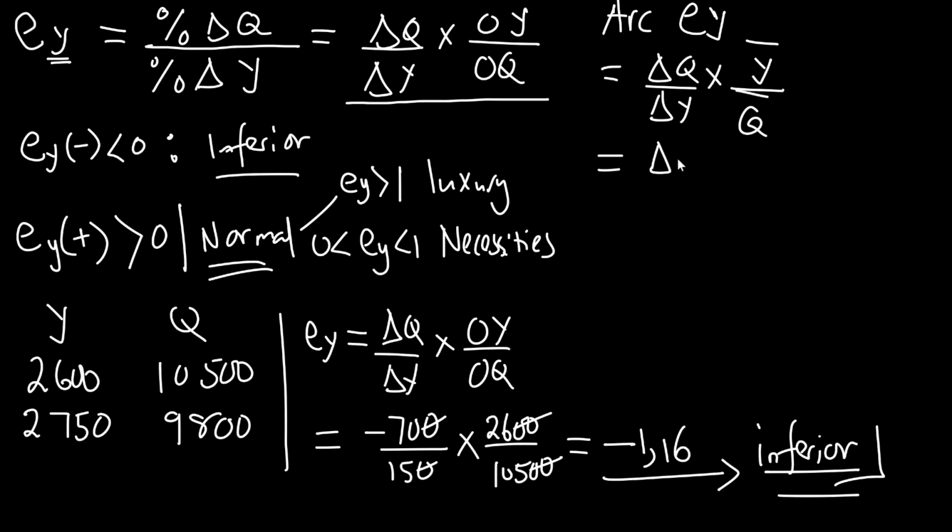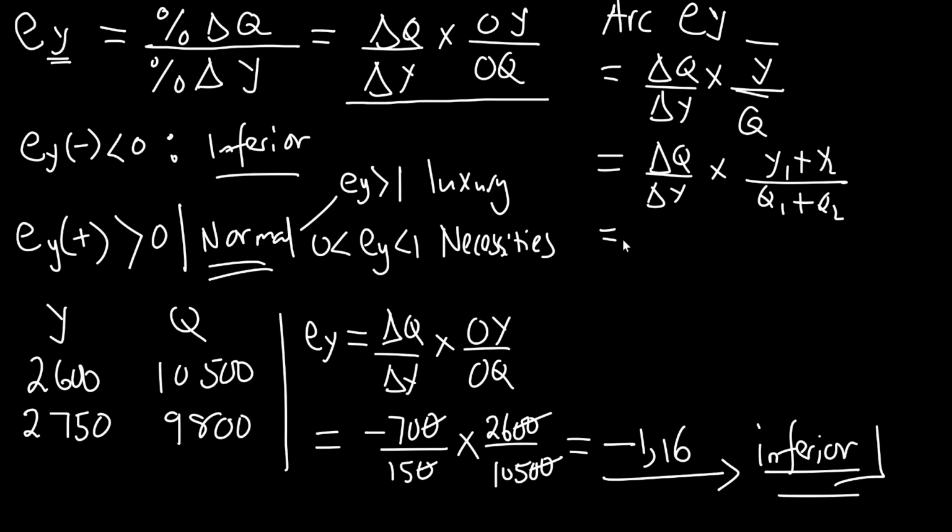Let me rewrite everything so that you don't get confused: change in Y times Y1 plus Y2 over Q1 plus Q2. These are averages, but the 2's cancel out, and hence we can ignore the 2's.